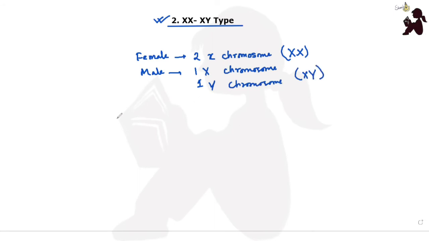Okay, so here for the male individual, the Y chromosome is a must. So we can write it as: the Y chromosome is essential for the male individual.